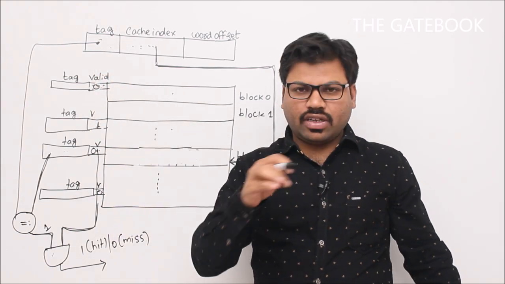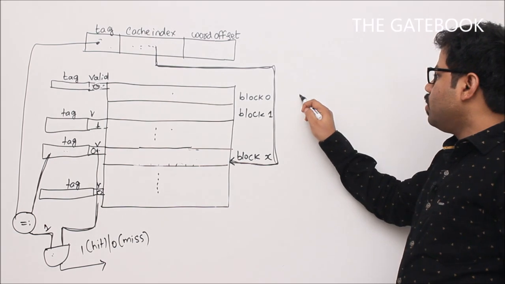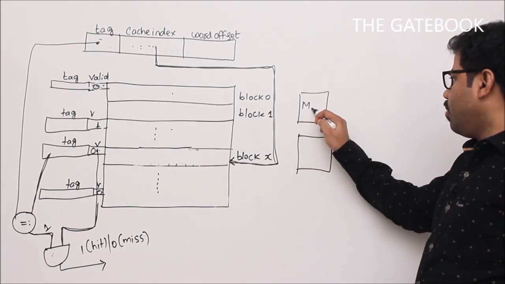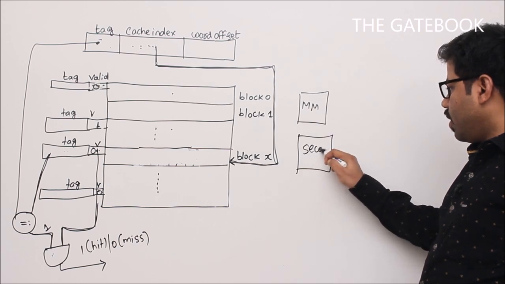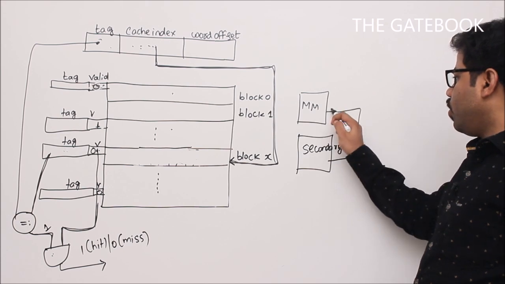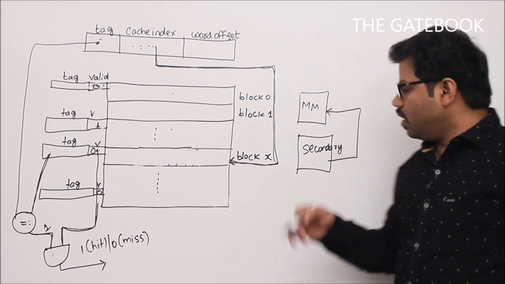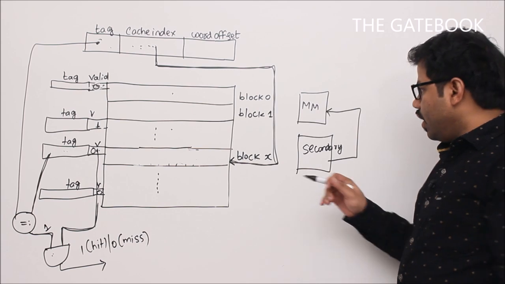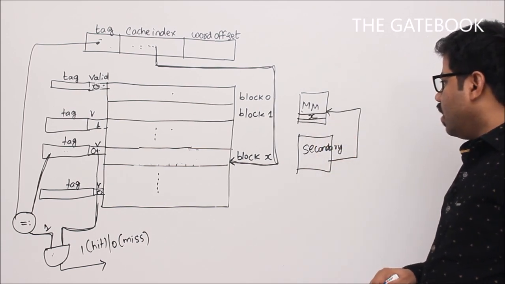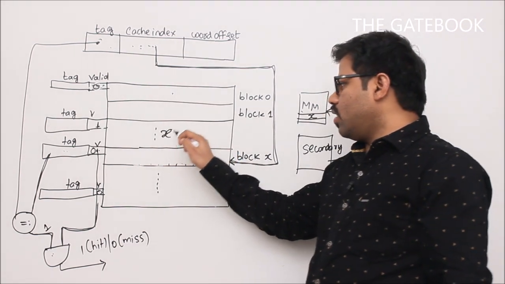There is another reason for the need of the valid bit. Sometimes we transfer data between main memory and secondary memory. This is your main memory, this is your secondary memory. We may transfer data from secondary memory to main memory, which is also possible. Now, let's say this is your data X, and that X is already available in the cache also.